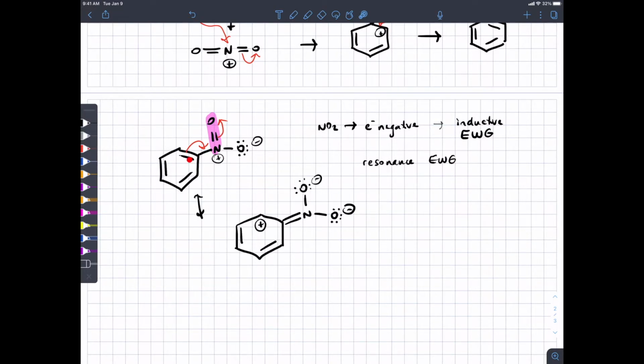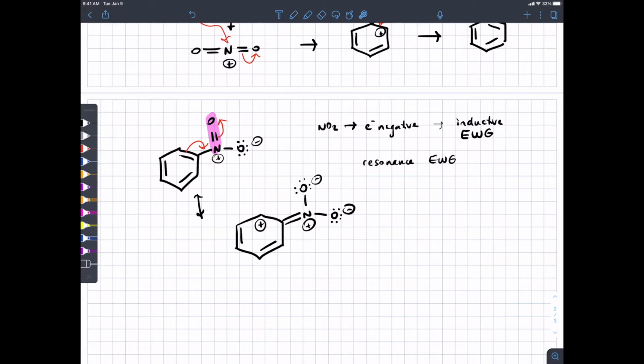You see how we get from here to here? We simply take some of the pi electrons from benzene, move them over to become a new pi bond between carbon and nitrogen. Nitrogen is still bonded to four things, still has a positive formal charge, and then we break that pi bond and move it out onto the oxygen.